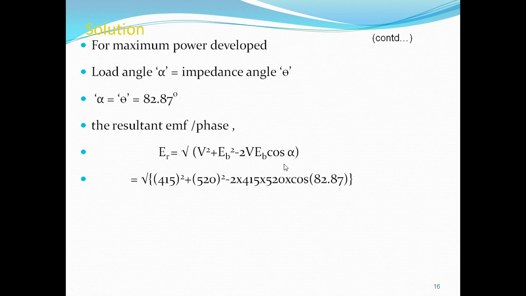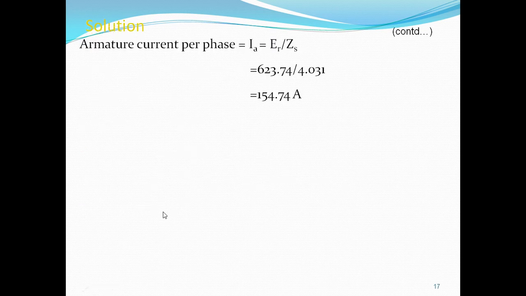Substitute these values, where V is equal to 415 volts and EB is equal to 520 volts, minus 2 into 415 into 520 into cos of alpha, that is 82.87 degrees. Then we get a value of 623.87 volts.